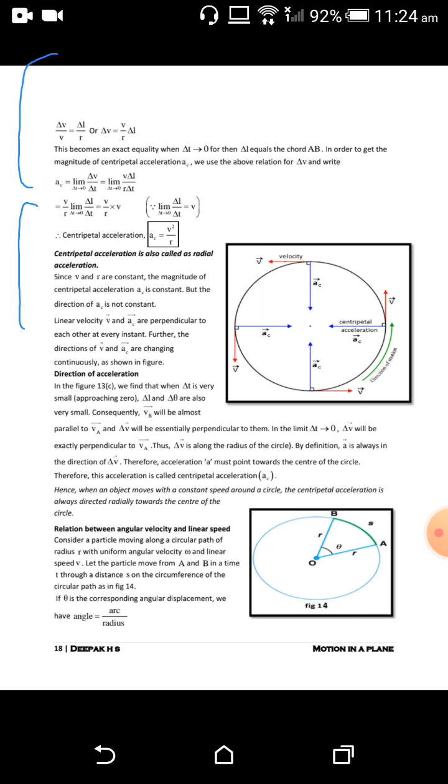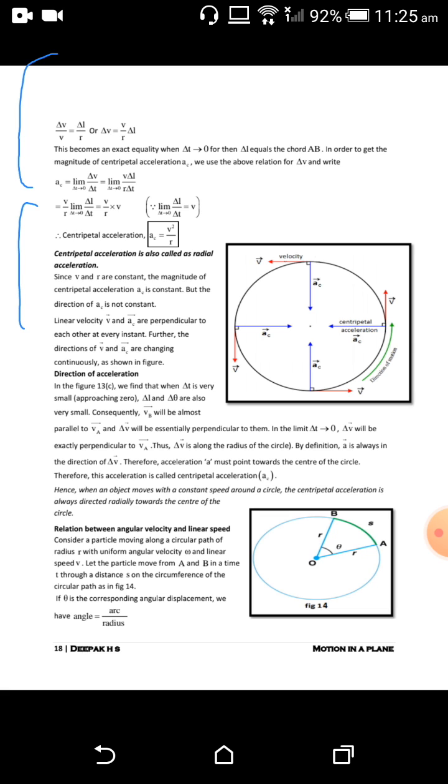In order to get the magnitude of centripetal acceleration A subscript C, we use the above relation for delta V and write A subscript C is equal to limit delta T extends to 0 of delta V divided by delta T. See how we define acceleration: acceleration is rate of change of velocity divided by time. That is what we have written here, but with a limit, where delta T extends to 0.